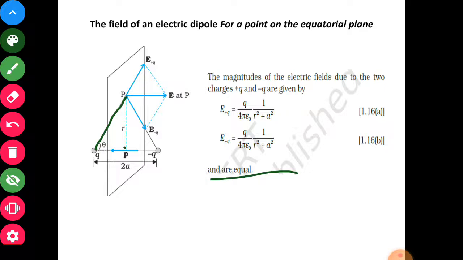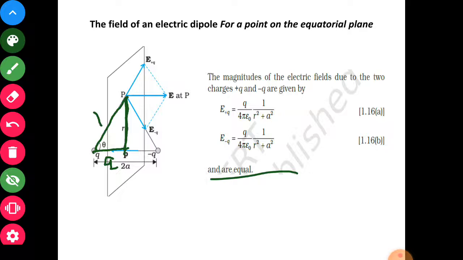This is the point P, which is a midpoint. So this is A. This distance is R.